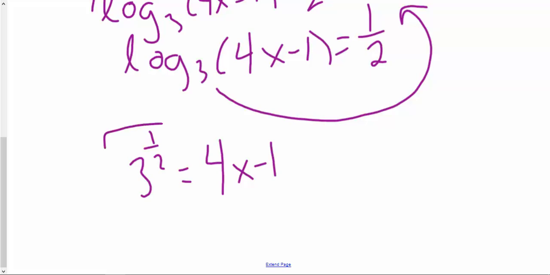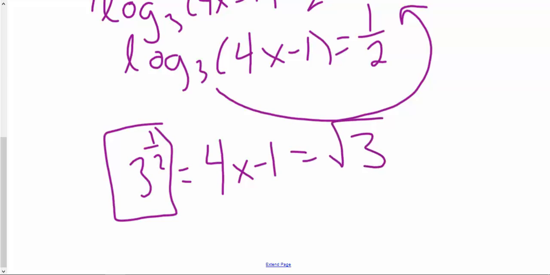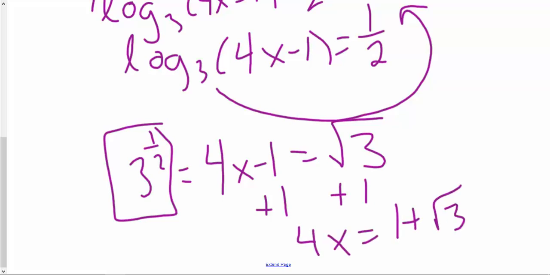So I'm going to change this 3 to the 1 half. It's just the square root of 3, right? Anything to the 1 half power is the square root of that number. Positive square root because we have to have our log be positive inside. So we're going to just leave it as positive. So we're going to do a plus 1, and we get 4x equals 1 plus the square root of 3.